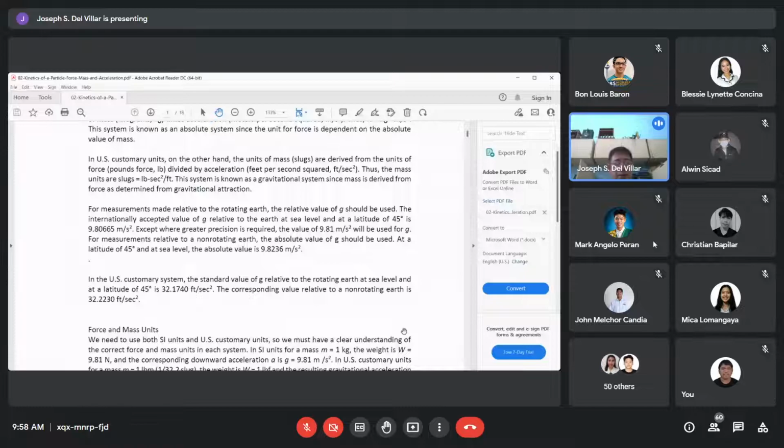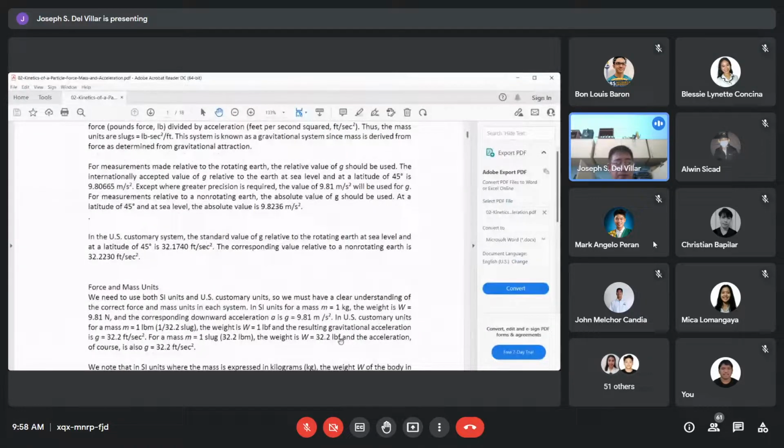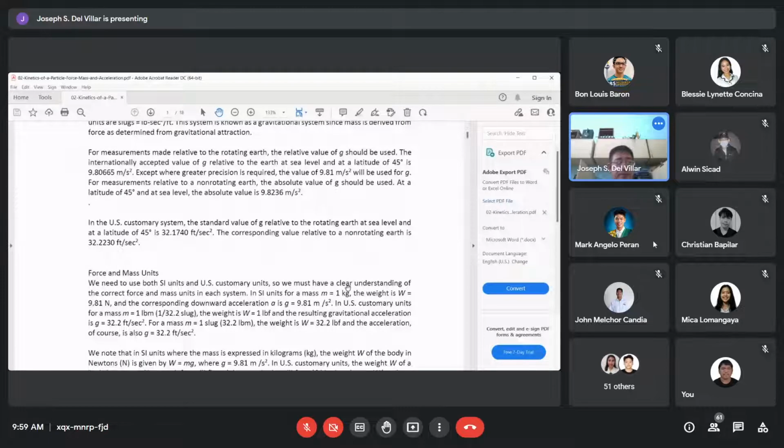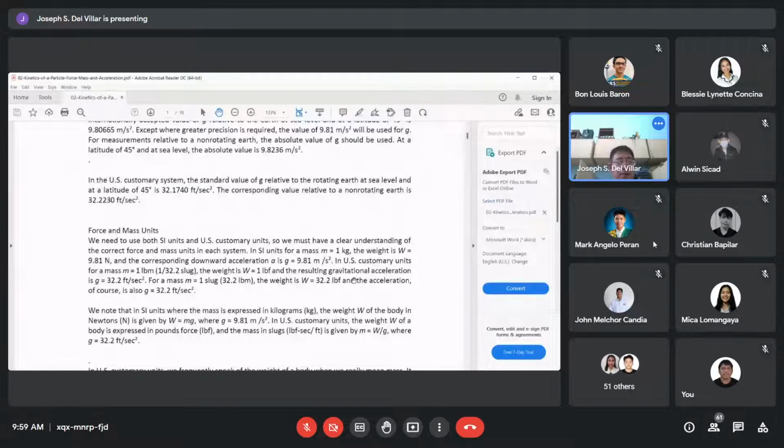Okay, in English units or US customary units, 32.2 feet per second square. Okay, so you have to familiarize those constants, the force and the mass units.